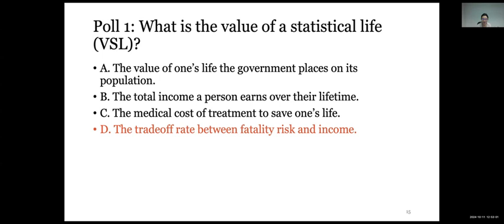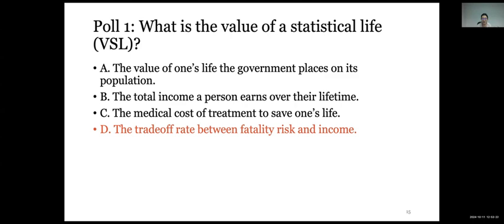The third option calculates the medical cost, which is often used in the cost of disease approach that captures the direct cost related to a certain disease, or the amount of money used to save one's life through medical treatment.